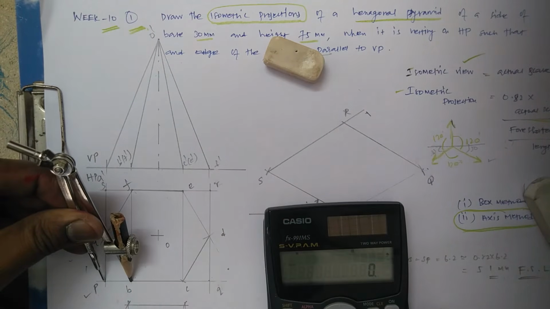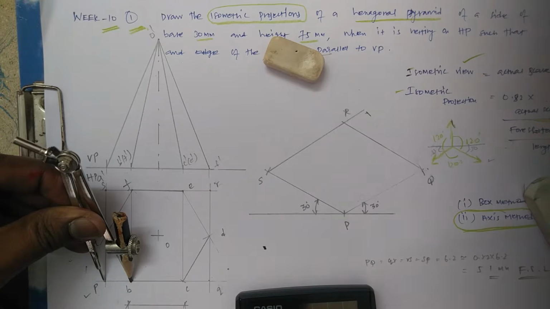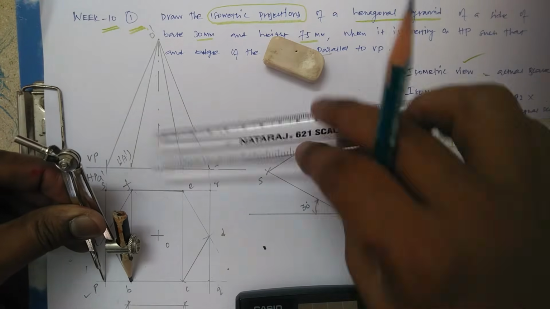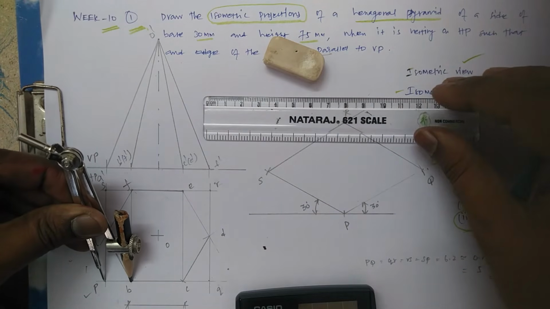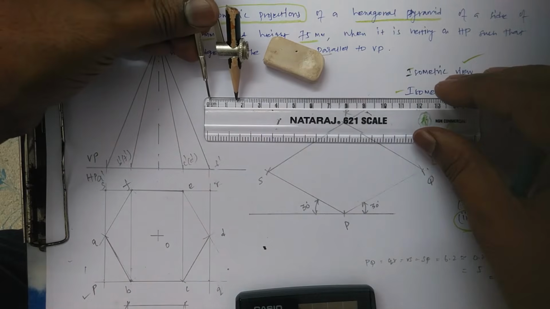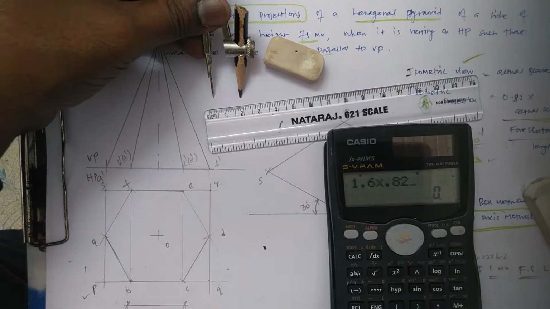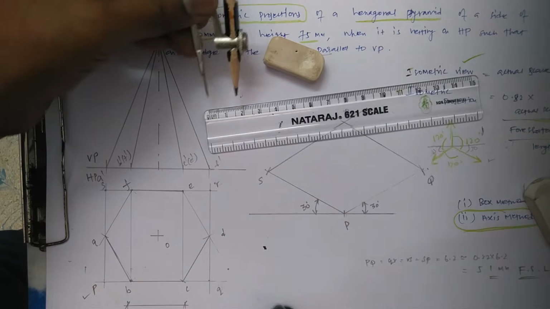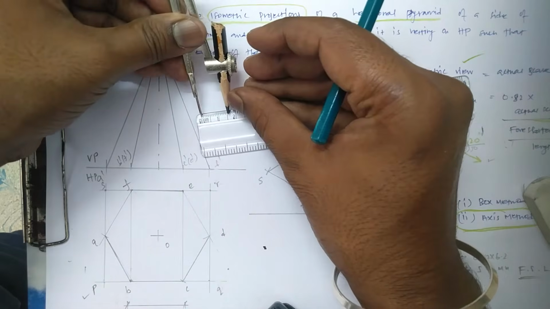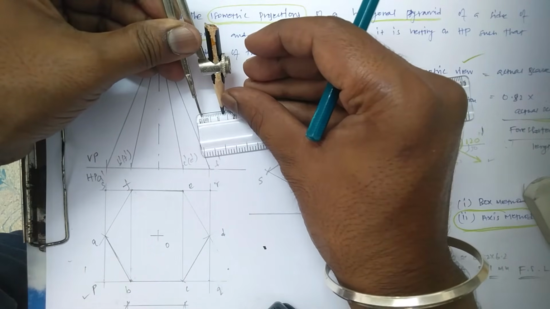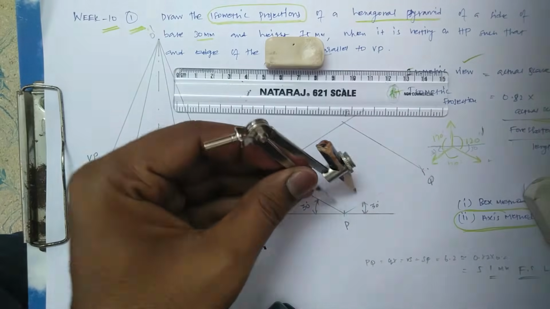So P to B, for example, let us measure and transfer. 1.6 is coming, 1.6 into 0.82. So 1.3. So I just measure here 1.3 and I am transferring here.